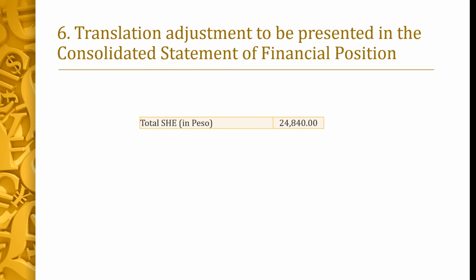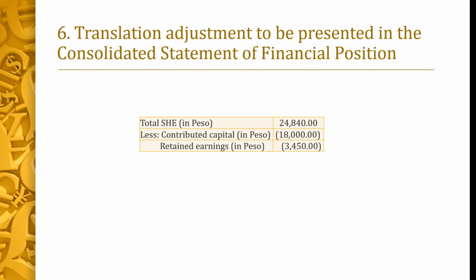Ito, last two requirements. Translation adjustment to be presented in the consolidated statement of financial position. Take note nyo lang, kapag binabanggit itong statement of financial position, ang hinihingi niyan ay cumulative translation adjustment. Cumulative balance siya. So, paano natin mako-compute ang cumulative balance? Simply deduct the translated balance of contributed capital and retained earnings from your total SHE in peso.